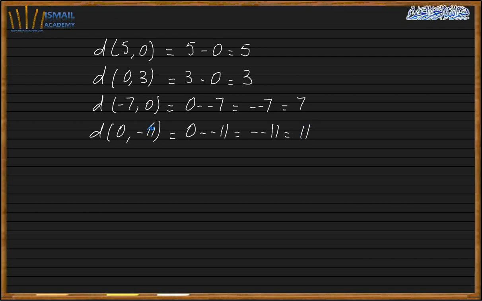As you see here, if I have the distance between a number and 0, if the number is positive like 5 or 3, the distance between 0 and that number is just the number minus 0, which is the number itself.